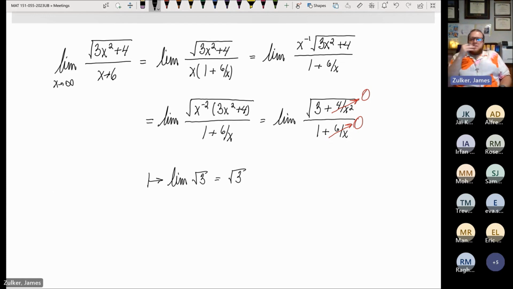That essentially leaves us with the limit of root 3, which is just root 3. This one's good.